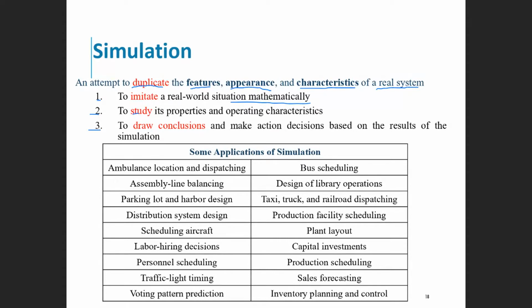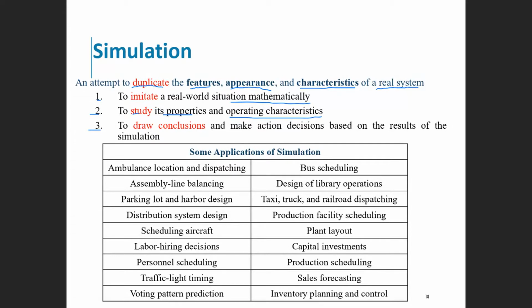The properties and operating characteristics, المميزات والمواصفات for your operations, خطوات العمليات والخطوات اللي موجودة عندك.